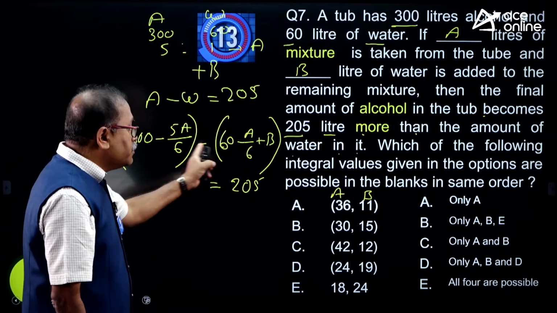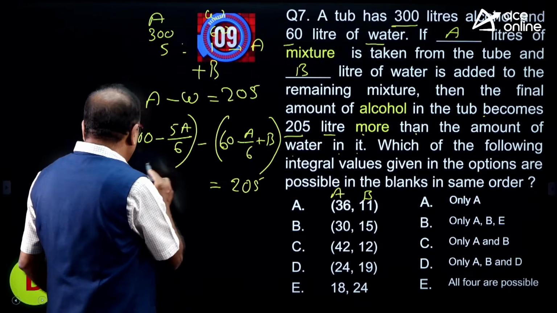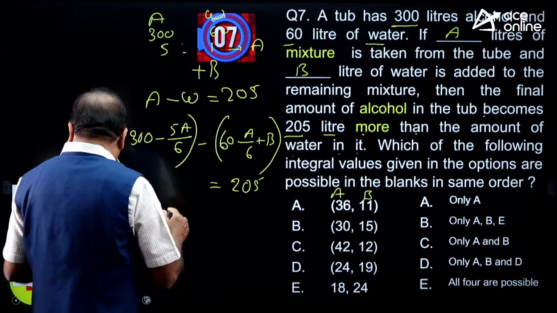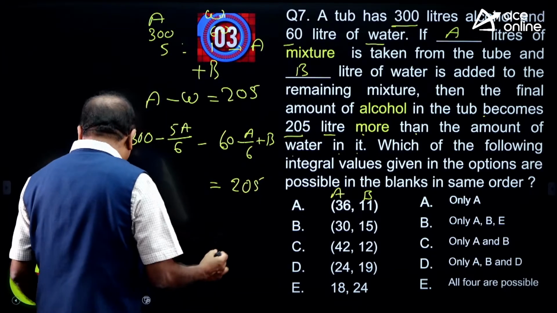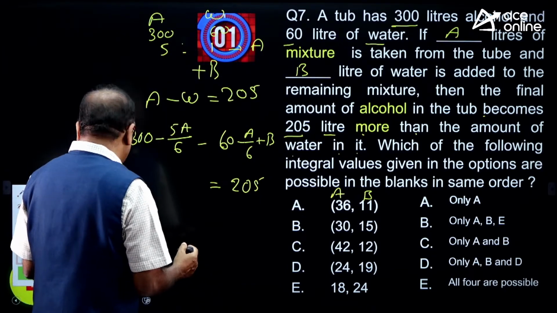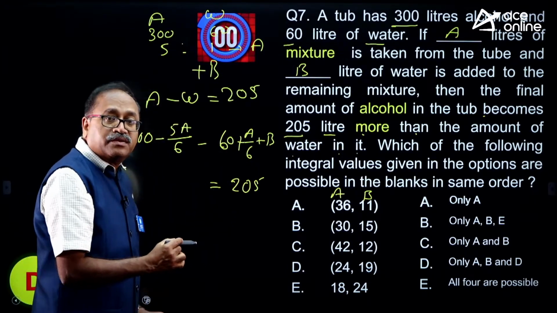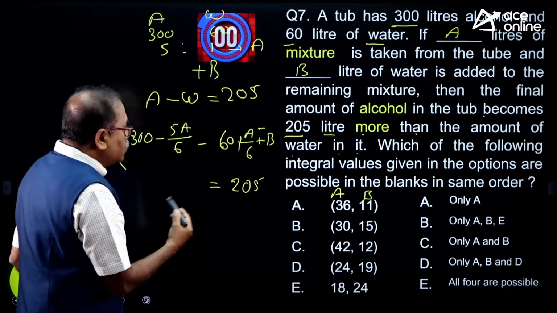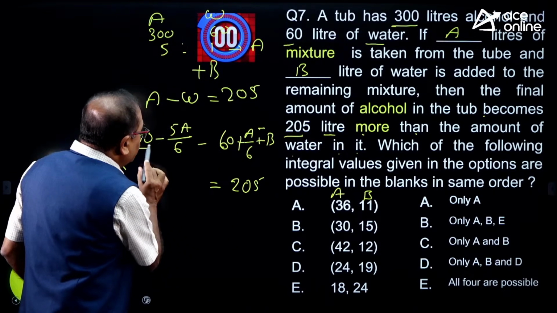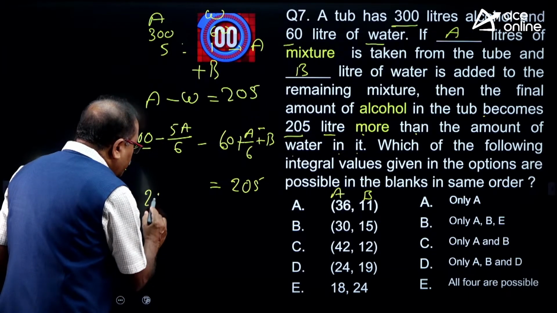Now, we will get one equation over here. By solving this, you notice that if you remove the bracket here, the minus will become plus and the plus will become minus. Am I right? Minus into minus becomes plus, and minus plus becomes minus. So you are getting 300 plus 60, that comes 240.